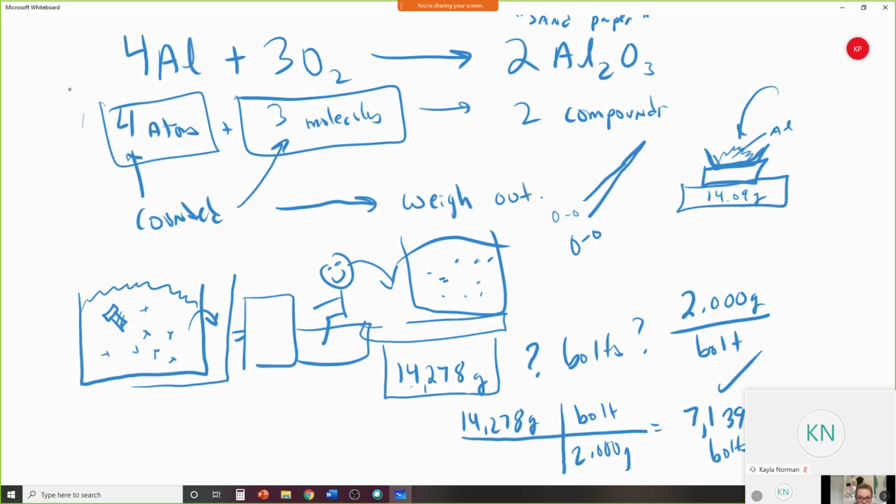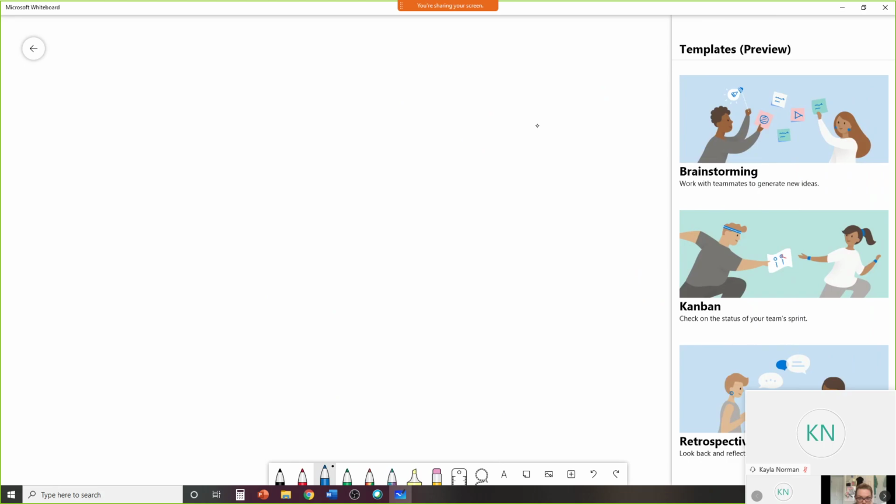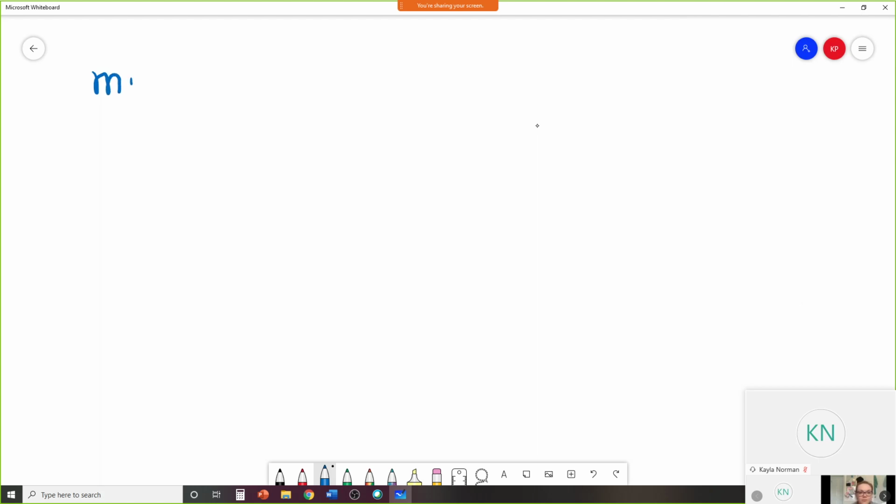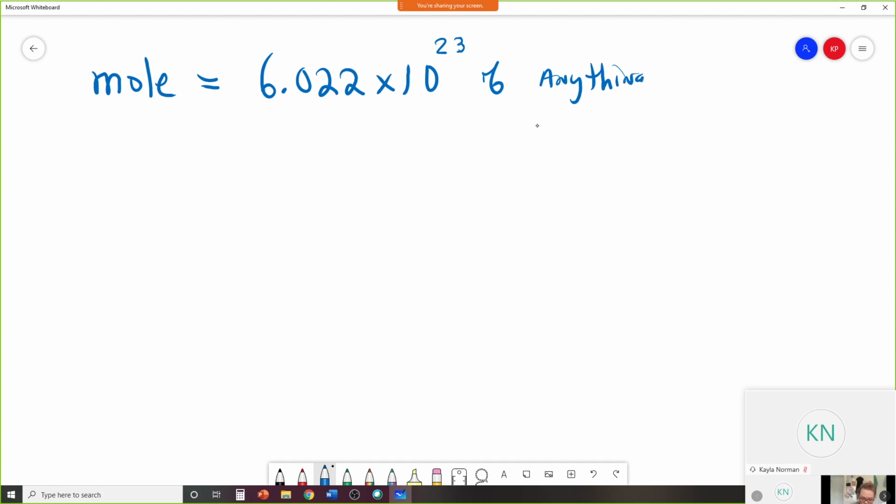We're going to have something called a mole, and we're going to say it's equal to 6.022 times 10 to the 23rd of anything. But usually we mean atoms and molecules.